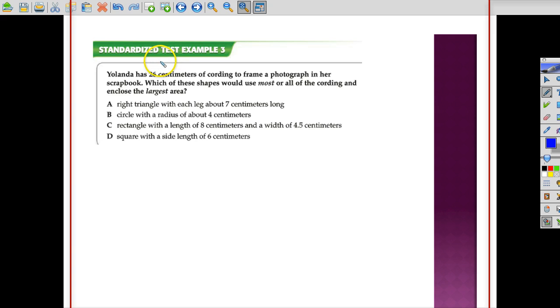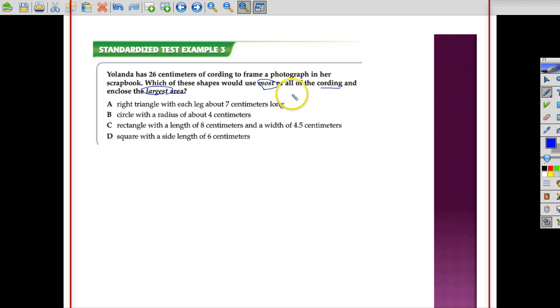All right, here's a standardized test example. Yolanda has 26 centimeters of cording to frame a photograph in her scrapbook. Which of these shapes would use most or all of the cording and enclose the largest area? So we're looking for the biggest perimeter and area. A, a right triangle with each leg about 7 centimeters long.